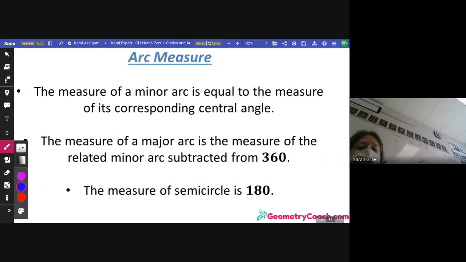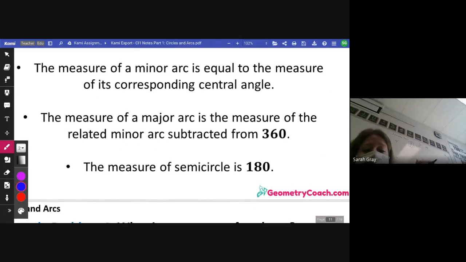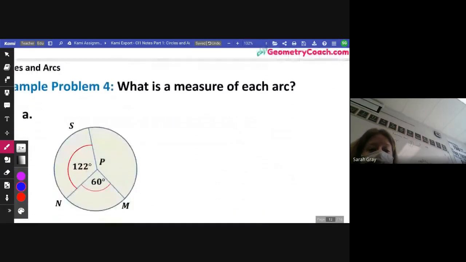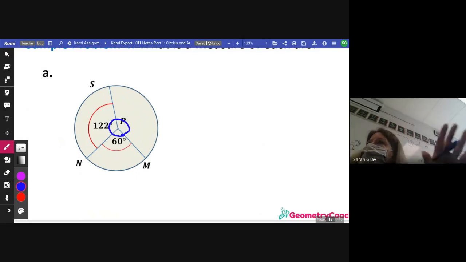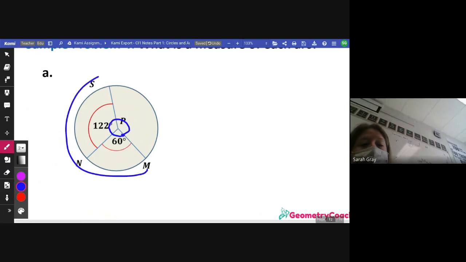Okay. Arc measure, remember arc was part of the curve. So arc measure refers to how much of the curve we're talking about. All the way around the circle is 360 degrees. And then halfway around the circle is 180. So the nice thing about arc measure is the angles on the inside. If I went all the way around the center on the inside, I would have gone 360 degrees around, right? If I go all the way around the circle on the outside, I'm going around 360 degrees.